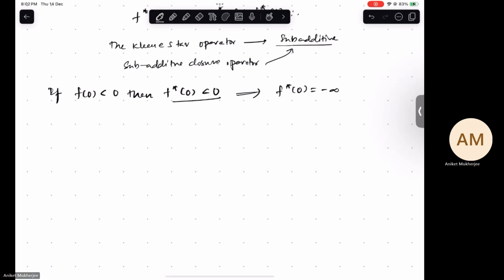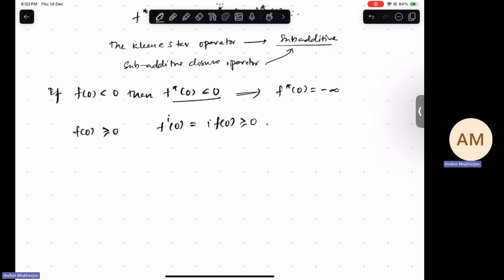Now, if f(0) is greater than or equal to 0, then f_i(0) equals i f(0), which is greater than or equal to 0.